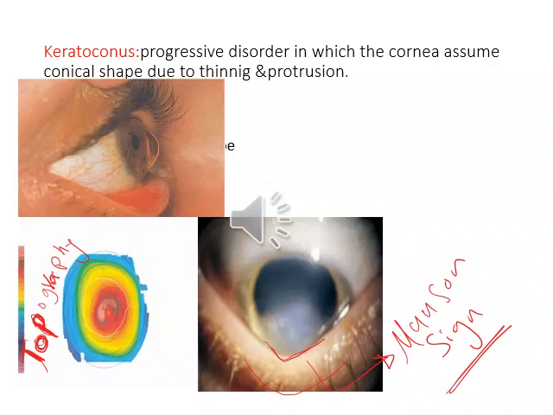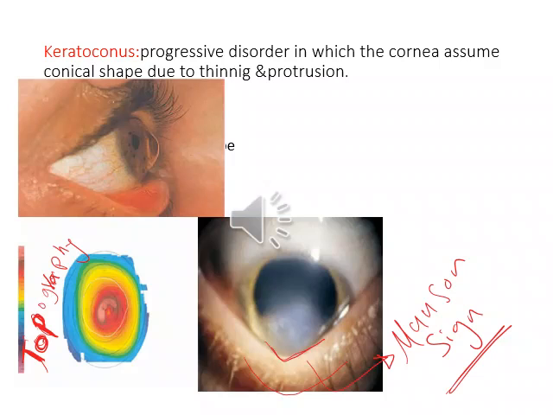What are the signs of the disease, whether in early stage or advanced stage? We said there is corneal steepening, there is irregular astigmatism, so we should do refraction for the patient to know if he can reach 6/6 visual acuity or not. We can document our diagnosis by doing what is called corneal topography.